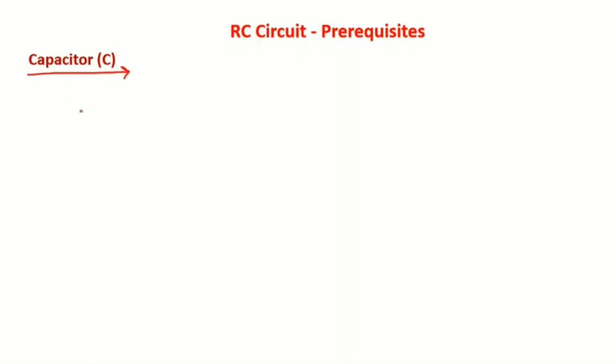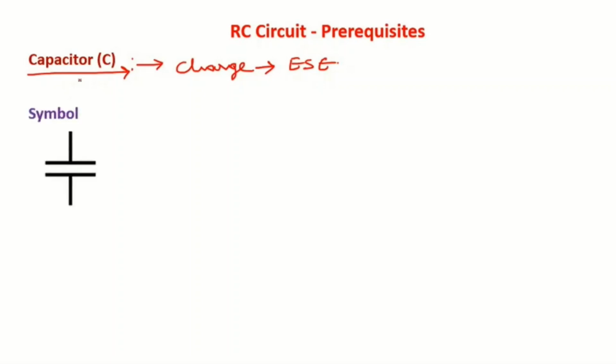What do you mean by a capacitor? A capacitor is an electrical element, an electrical device, which stores electrical charge in the form of electrostatic energy. And its symbol is given by this one. This is the symbol for a capacitor in general.